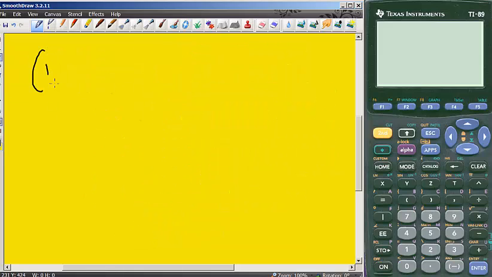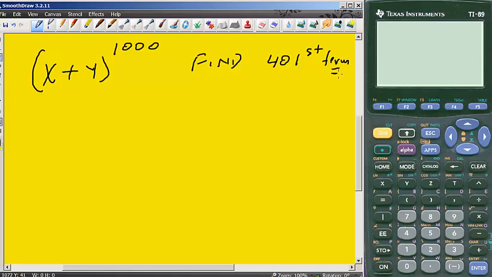Let's say I have x plus y to the 1,000th power. And I want you to find the 401st term. Well, you don't have time to write out all the terms to get to the 401st term. But we know one thing, y will have a power of what? 400.